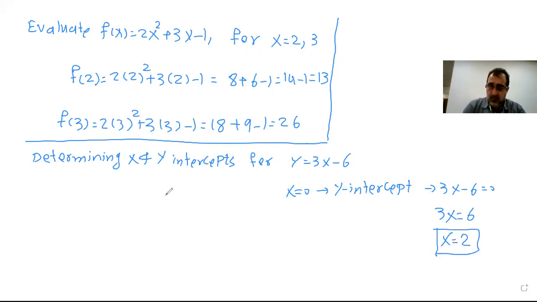And also for the x-intercept, y equals 0: 3x minus 6 is 0.